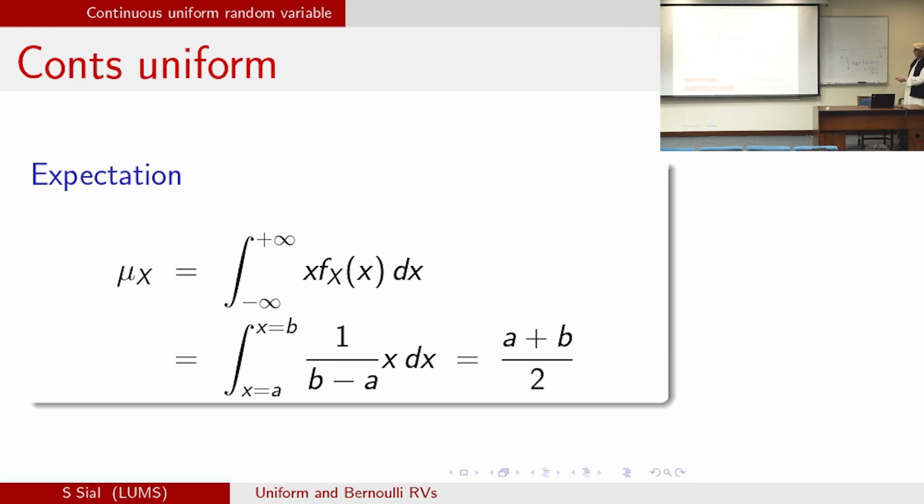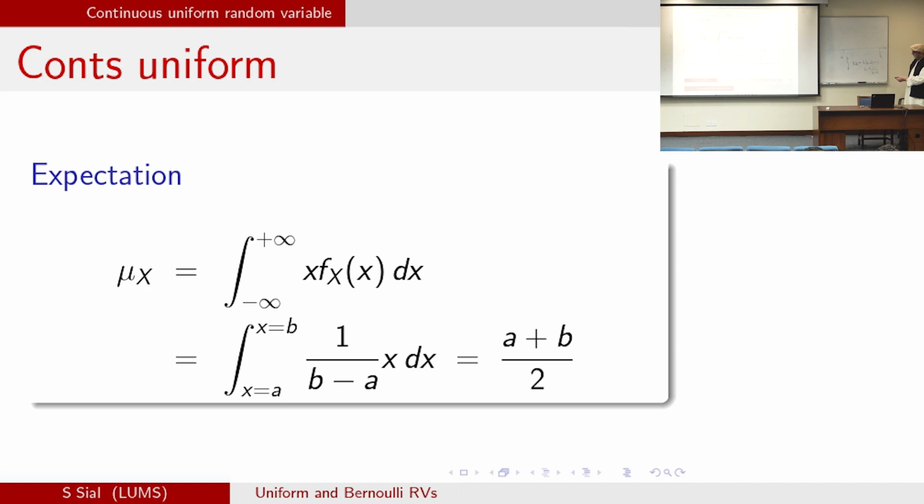In this case, the PDF has the form 1 over b minus a on the allowed interval. We had this discussion, I don't have to integrate outside of it, where the PDF is 0. So I integrate where we have a non-zero value for the PDF, from a to b.